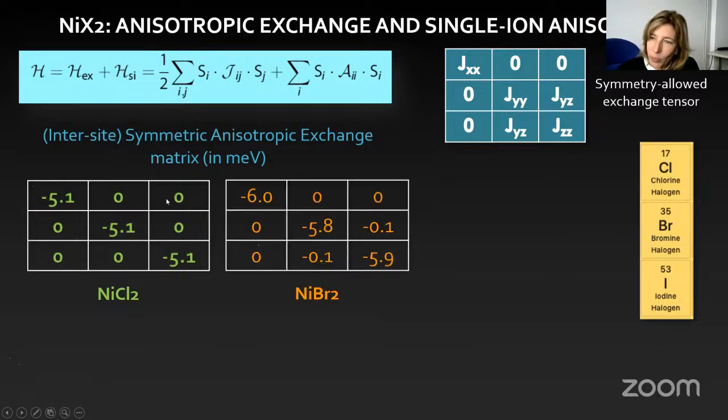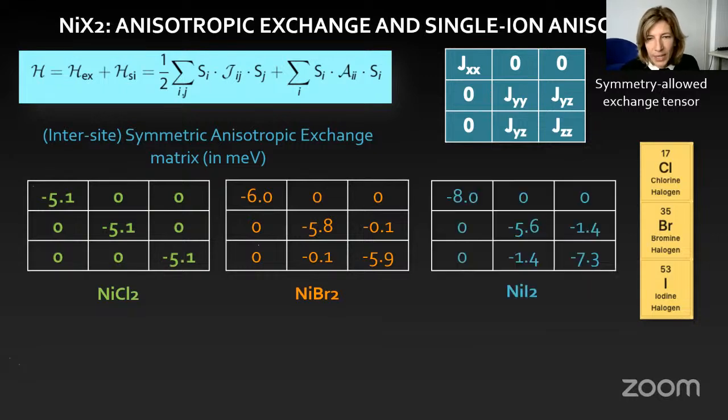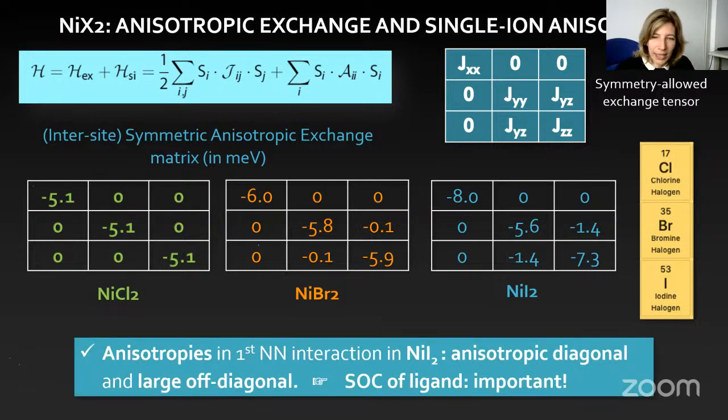For nickel bromide, you start having something that deviates from Heisenberg-like. And for nickel I2, we actually got quite strong off-diagonal terms. These are all calculated with spin-orbit coupling. Otherwise, of course, you don't get any of this deviation from Heisenberg-like.